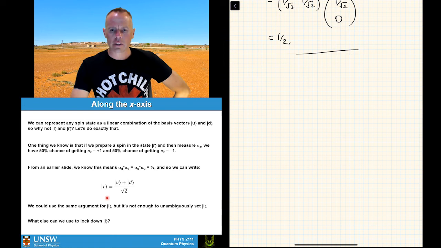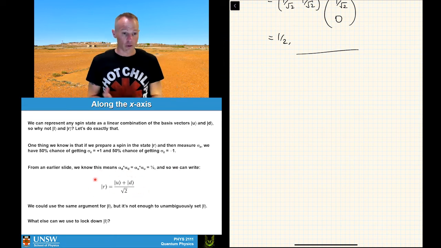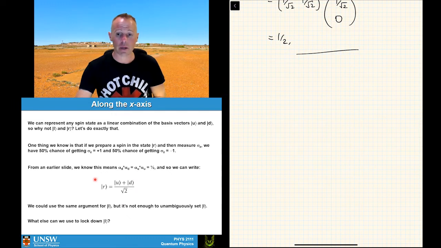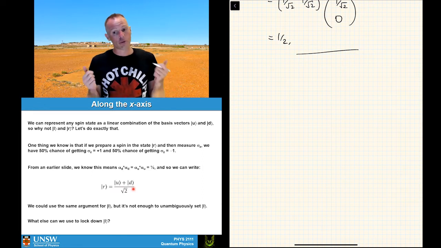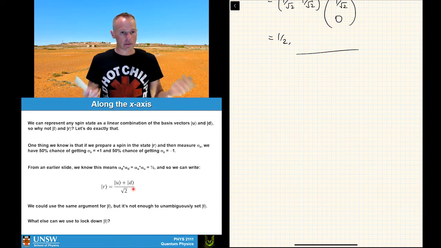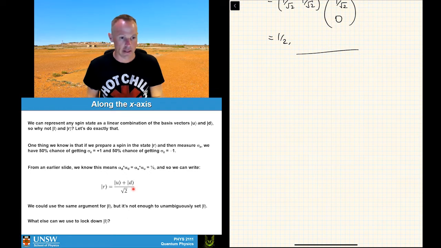So the obvious thing to write for a vector that's pointing to the right, as a possibility, is 1 over root 2 up plus 1 over root 2 down, okay? A fairly simple linear combination of up and down that gives you a 50-50 probability of getting an up or a down from a measurement, okay? So let's just take that as a possible expression for right, okay? And it turns out that it is the expression for right, but let's just take it as that.